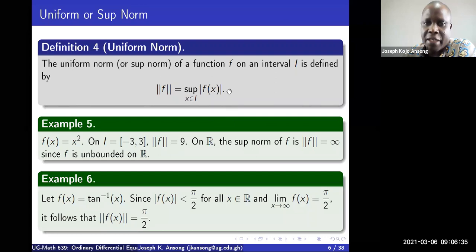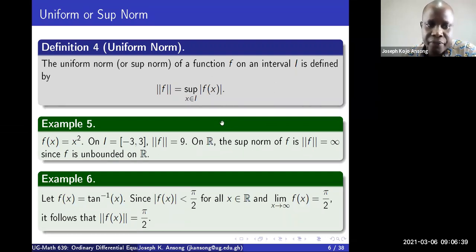If you like, it is the maximum value that the absolute value of the function takes. So here's an example. If f of x is equal to x squared, then on the interval -3 to 3, this is the quadratic shaped like this. At the edges, when x is -3, you have a 9 there. So the maximum, of course, is 9.